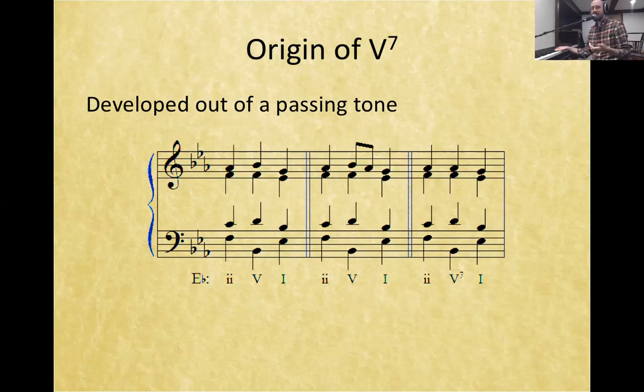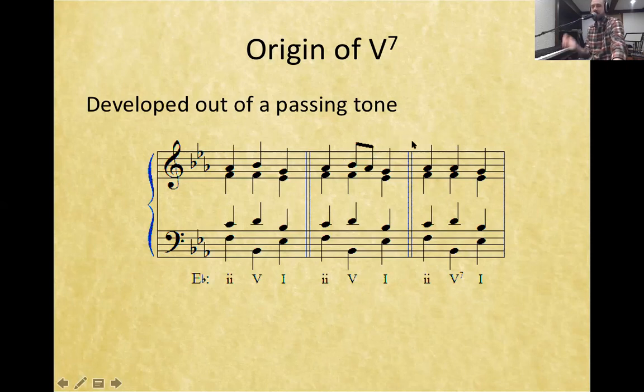So to add a 7th, it's not really that much of a stretch to realize, well, we're already using almost half of the scale in one chord. The rest of the notes are probably also not as distant as we would expect them to be. And this passing tone is a really great example, because what if instead of thinking of this as a passing tone, we instead just made the A flat part of the chord?